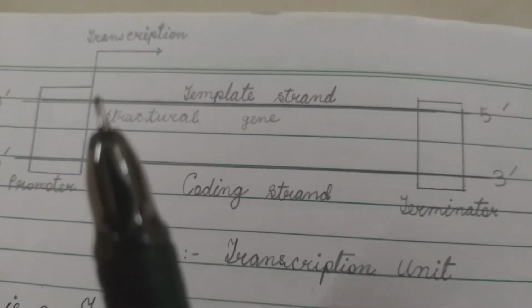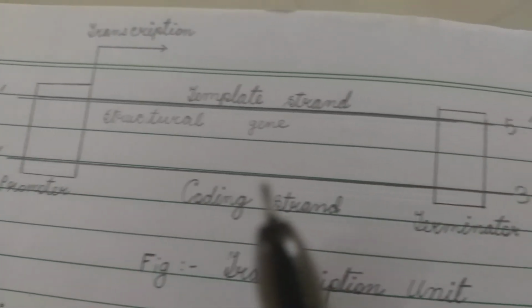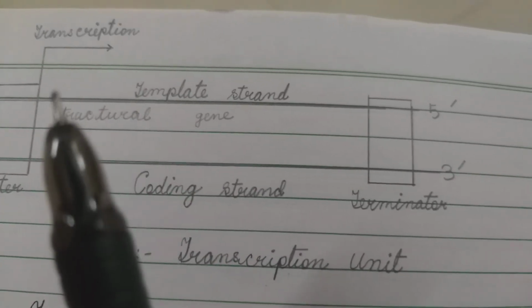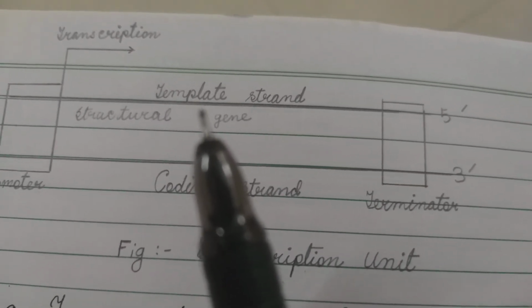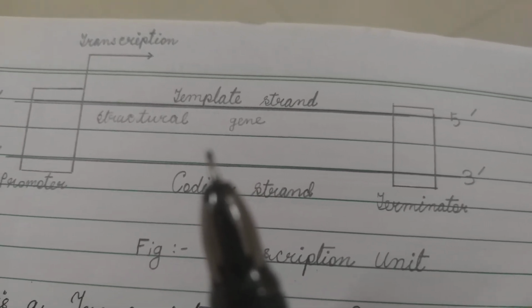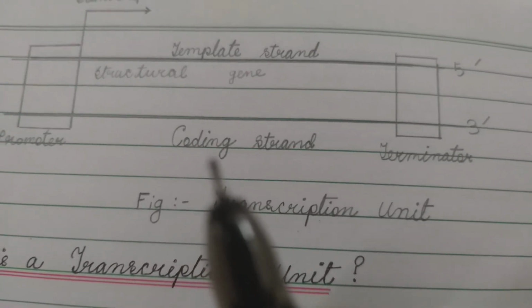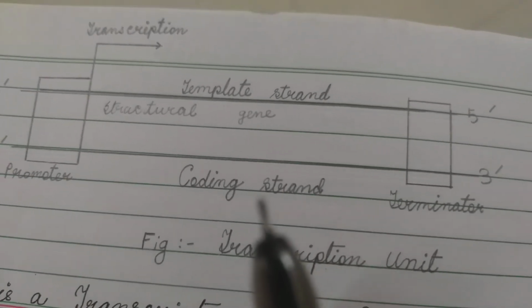So this is the structural gene which lies between the promoter gene and terminator gene. It is transcribed into messenger RNA and translated into a specific polypeptide. So the structural gene is expressed.